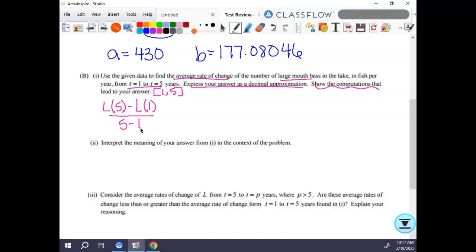I write that step first. Equals L of 5, which is 715, minus L of 1, which is 430, all over 4.